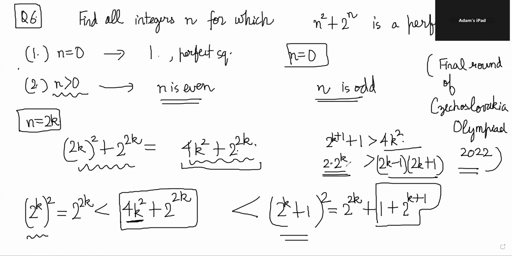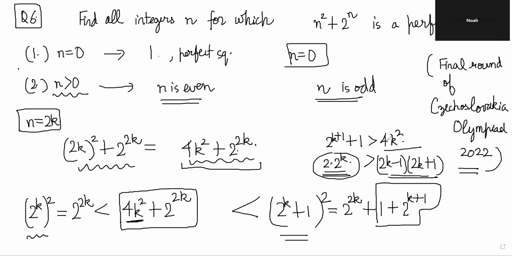For k is equal to 2 and so on, this part will grow much faster than this. Hmm, no, for 2 it is not working. Feels like it is not working for 2.